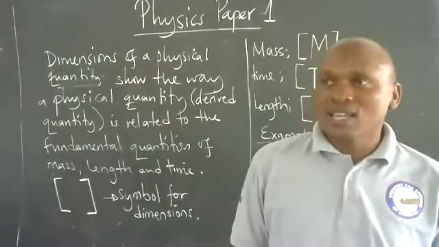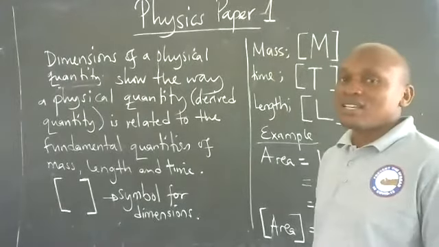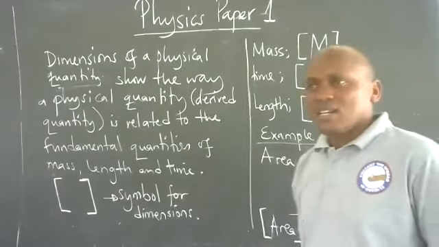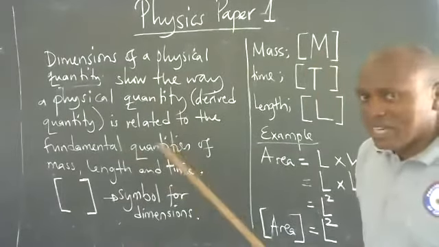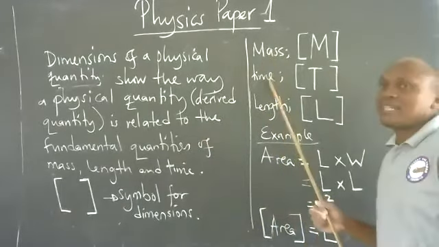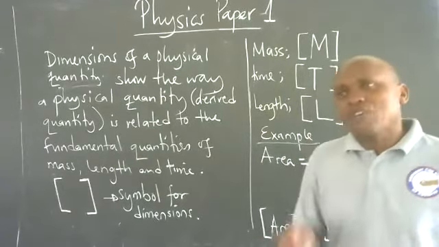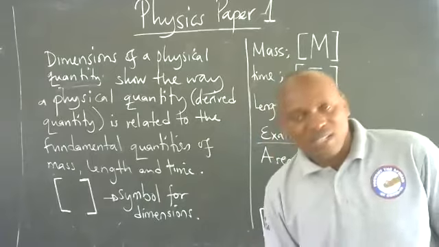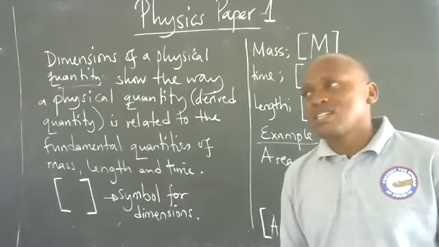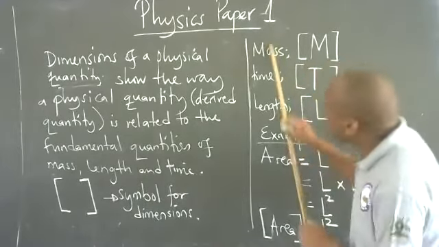Fundamental quantities are the ones that cannot be expressed in terms of others. In science, we have three major basic fundamental quantities: mass, time, and length. If they are not fundamental, then they are derived. Derived quantities are the quantities that can be expressed in terms of these three.